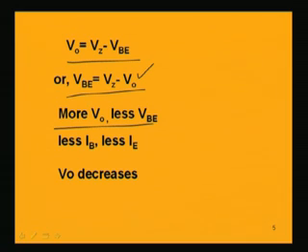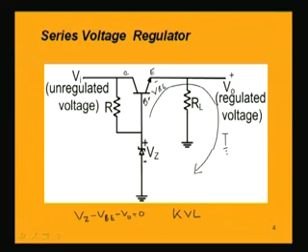So if VBE is decreasing, what effect on the transistor current? If base to emitter voltage decreases, then obviously the base current will decrease. Similarly, because of this base current decrease, the emitter current will decrease. So IE, which is flowing into the load, will decrease.